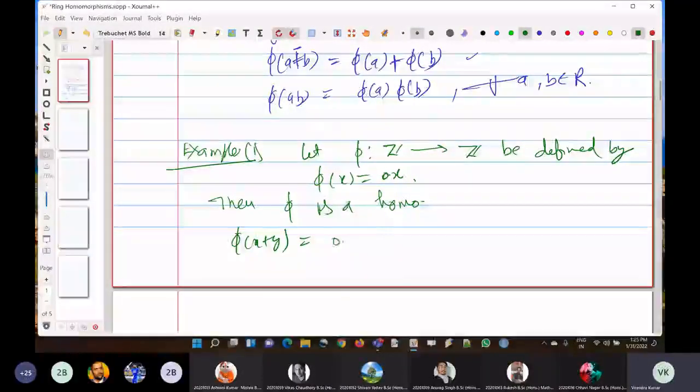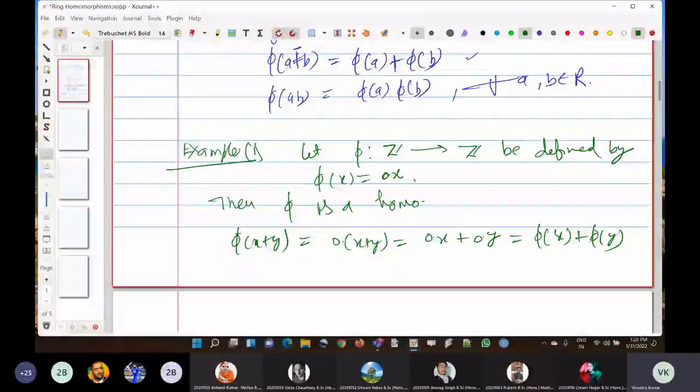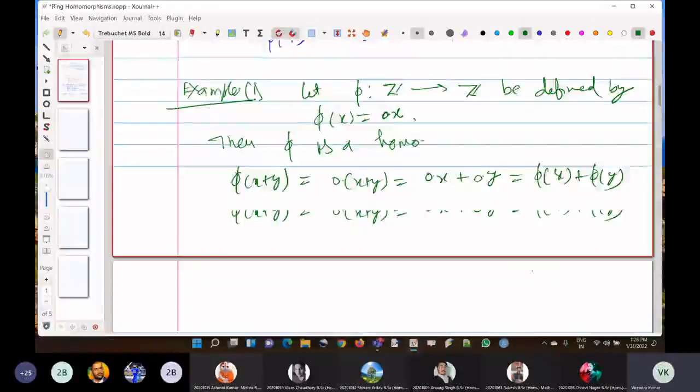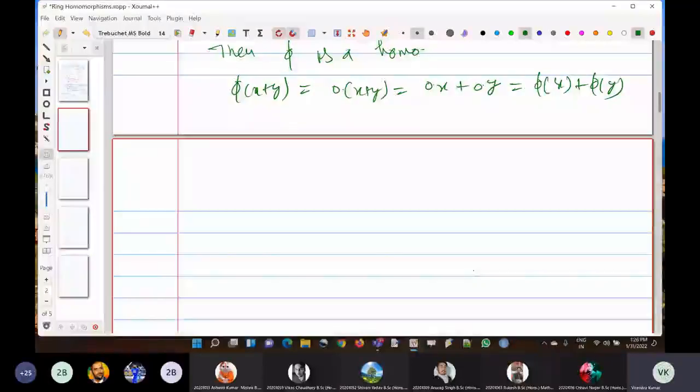So phi of x plus y is 0 times (x plus y) by definition, and by distribution of multiplication over addition, this gives 0 times x plus 0 times y, and 0 times x is by definition phi of x, and this is phi of y. So we have phi of x plus y equals phi of x plus phi of y.